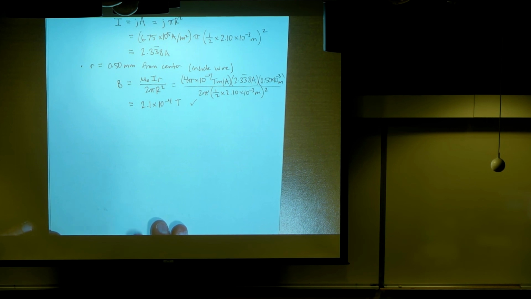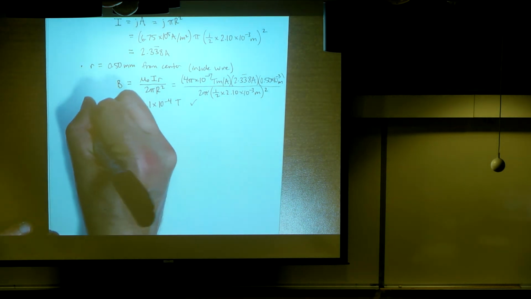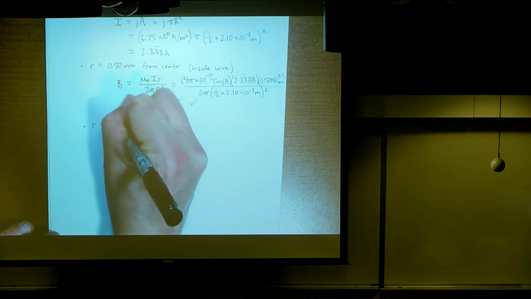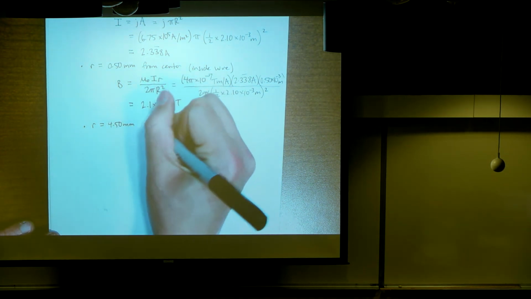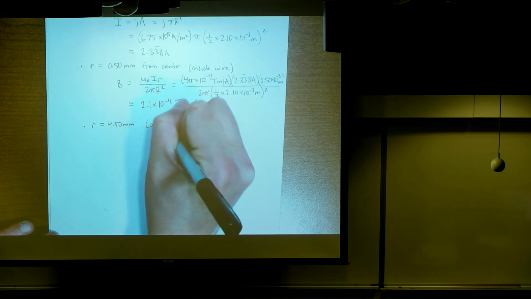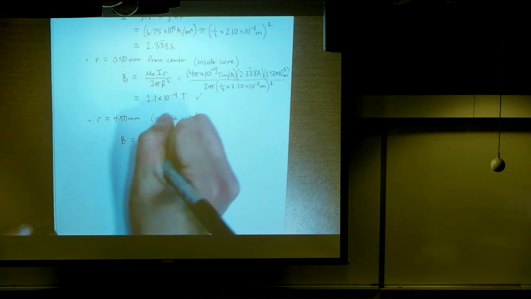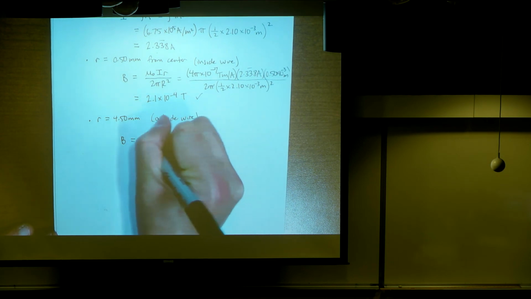Do we agree? All right, let's do the last one. If the radius is 4.5 millimeters, now we're outside of the wire, which means we're going to use this expression: B equals mu naught times I divided by 2 pi times little r.